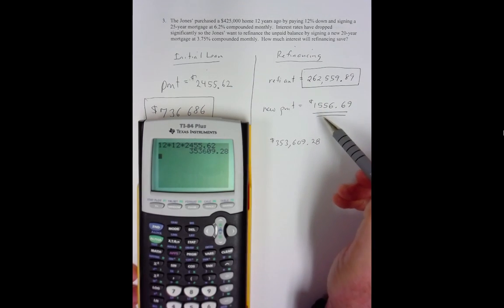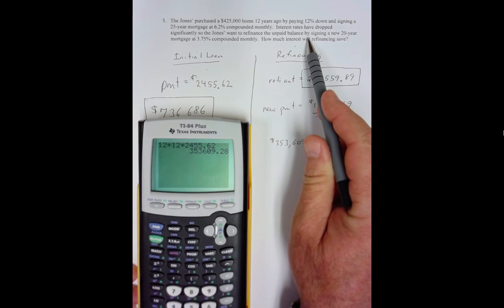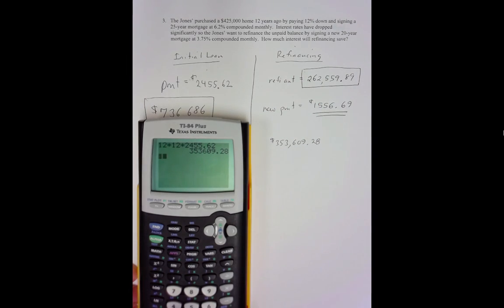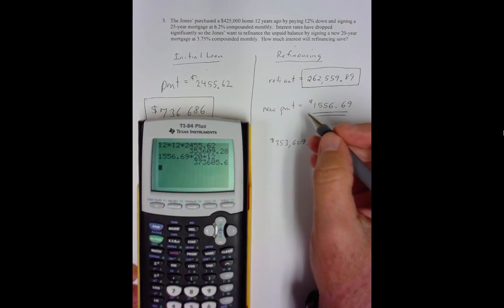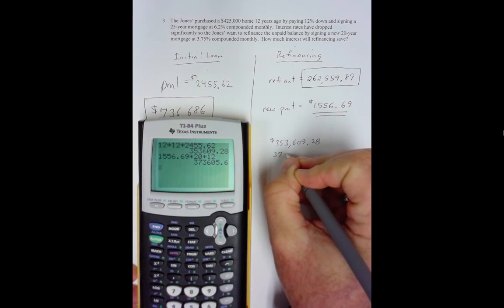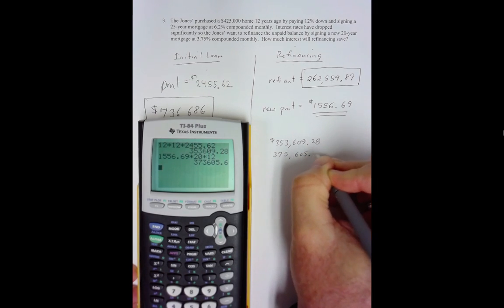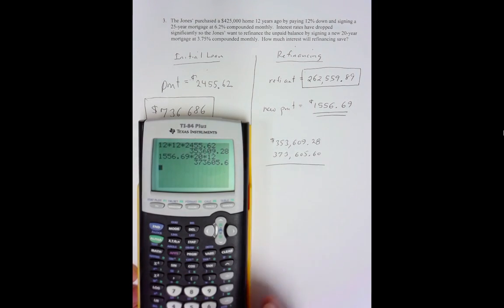Now they're going to pay this amount for the rest of the 20 years that they refinanced. So they're paying $373,605.60. So I need to add these two things together.